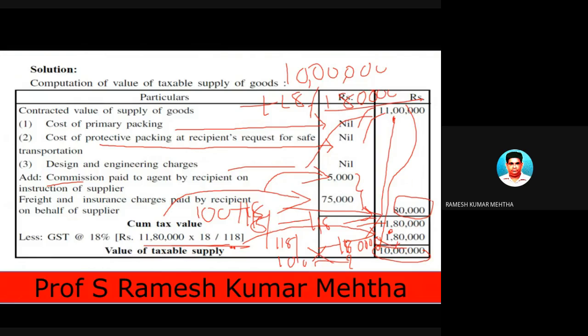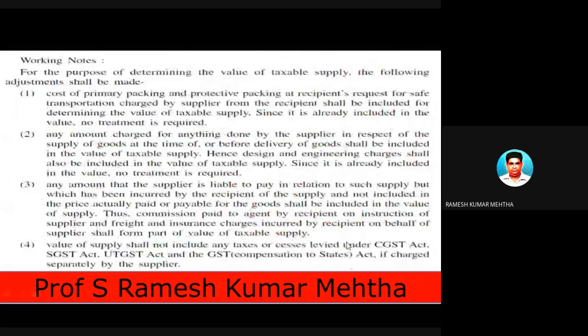And you will get a figure like this. Now, in the examination, you have to give a proper explanation for those expenditures. Like I have told you, cost of primary and protective packaging should be included, and it has been included. In the same way, engineering charges should be included, and it has been already included.